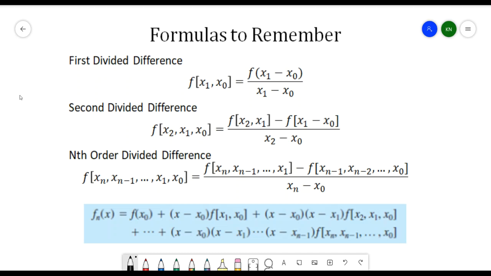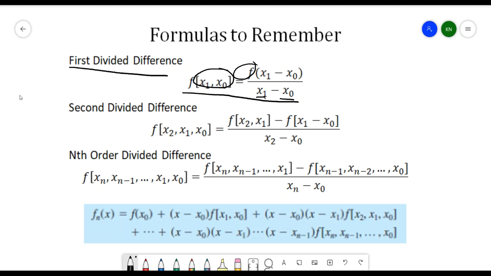First, you need to remember the first divided difference formula, which is equivalent to this one. The first divided difference contains x sub 1 and x sub 0, in which you substitute the values of x sub 1 and x sub 0 into our function and divide that by the original value of x sub 1 minus x sub 0.